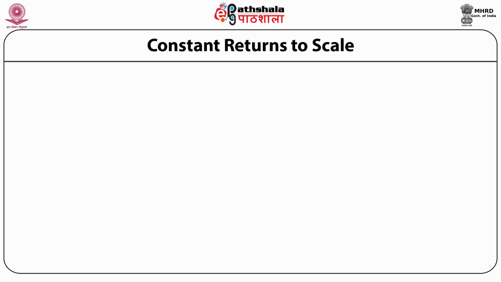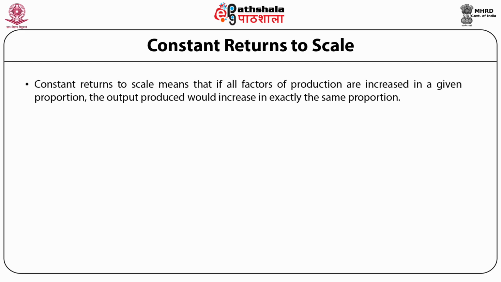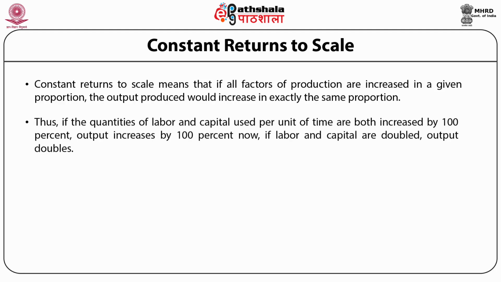Returns to scale. First of all, constant returns to scale. Constant returns to scale means that if all factors of production are increased in a given proportion, the output produced would increase in exactly the same proportion. Thus, if the quantities of labor and capital used per unit of time are both increased by 100%, output increases by 100%.